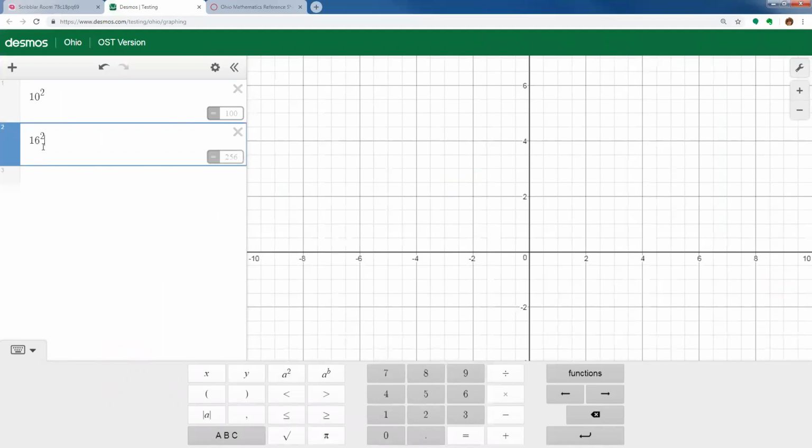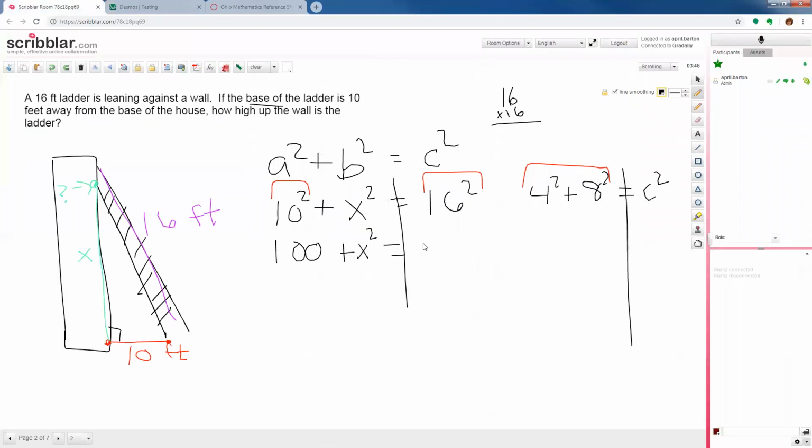Are we going to square root that already, or do we have to wait until later? Not yet. So let me write this down really quick. That was 256.